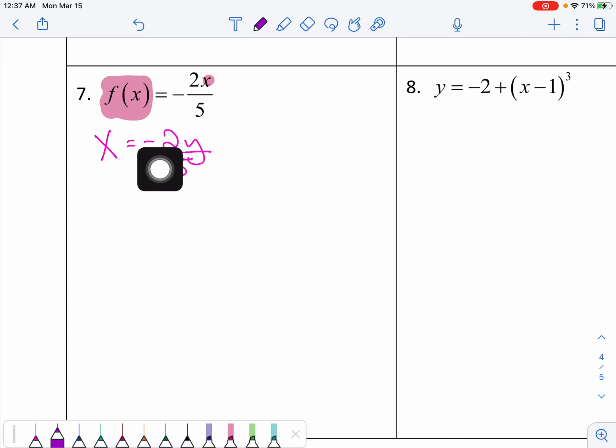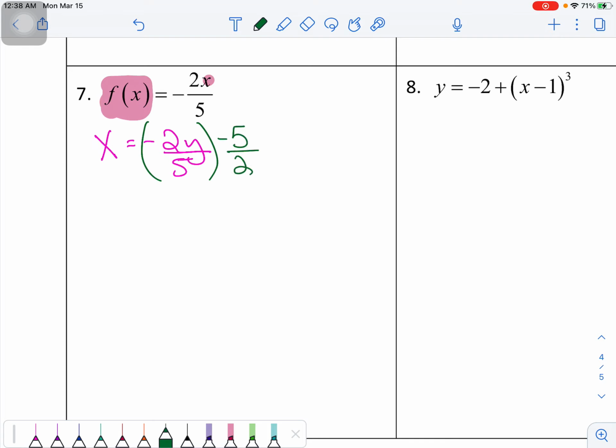If you see this as y times -2 and then divided by 5, undo it in 2 steps. If you see this as -2/5 as a fraction, you can use that concept that we just talked about with the reciprocal, which is what I'm going to actually do. And I am going to multiply both sides by the reciprocal.